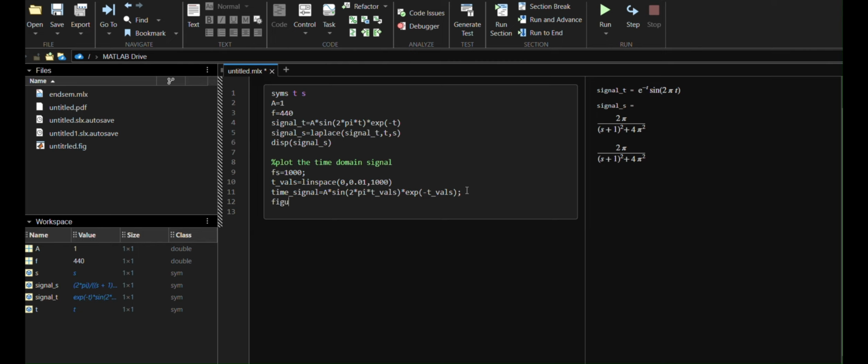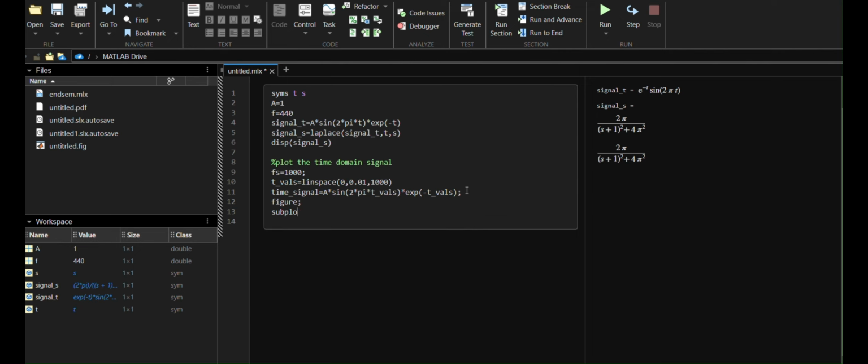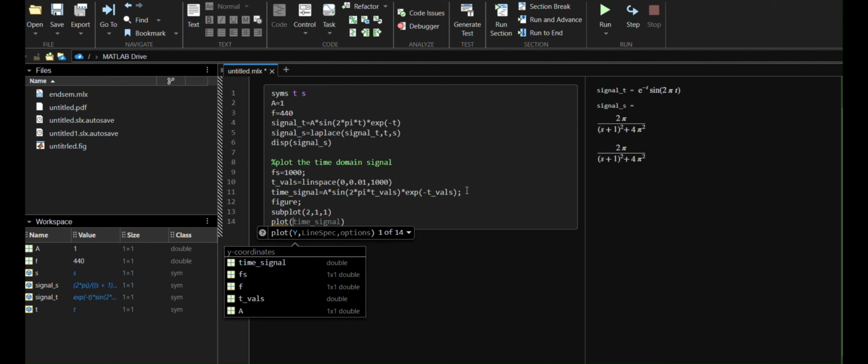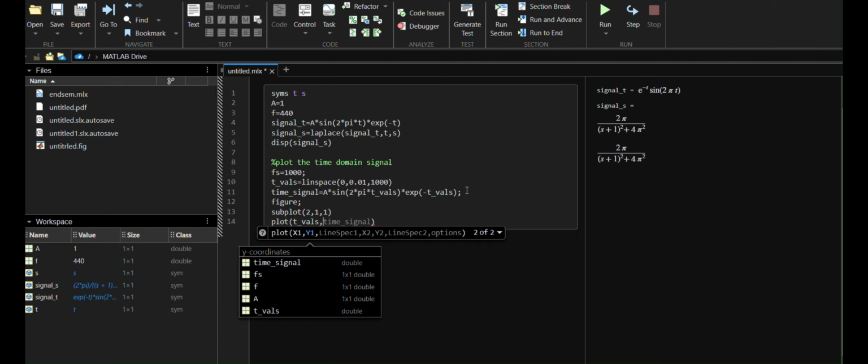So figure, subplot 2 comma 1 comma 1. Then plot between t vals, because new values, versus with respect to the time signal.